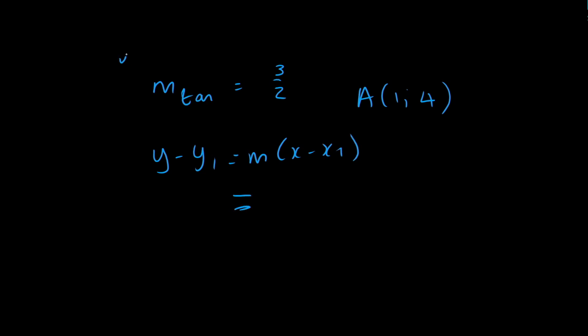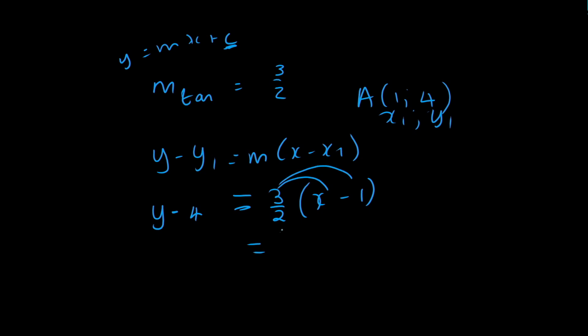You can use y is equal to mx plus c, and then first work out the value of c and resubstitute your values for m and c to write your equation in y form. That's perfectly acceptable. So y minus y1, so this is y1, that's x1. y minus 4 is equal to the gradient of 3 over 2 times x minus 1.